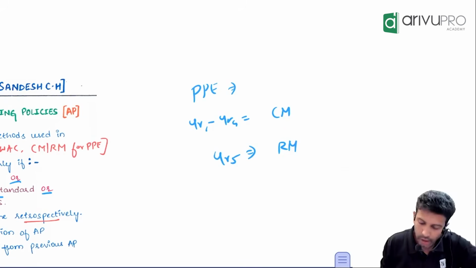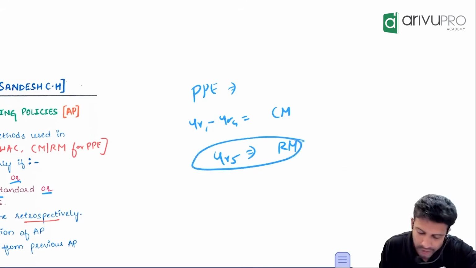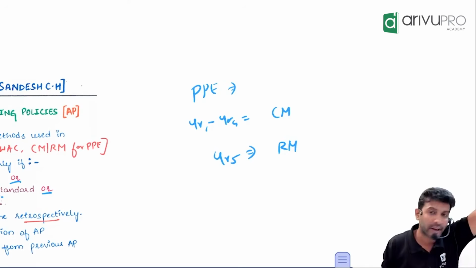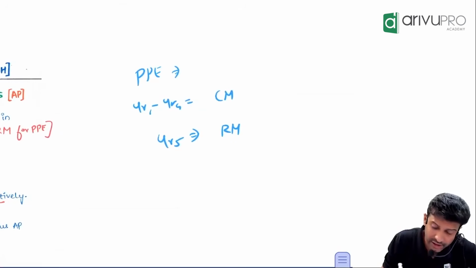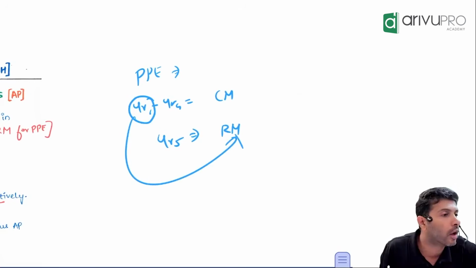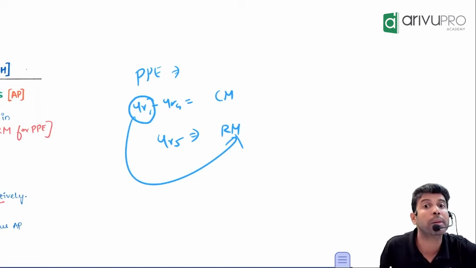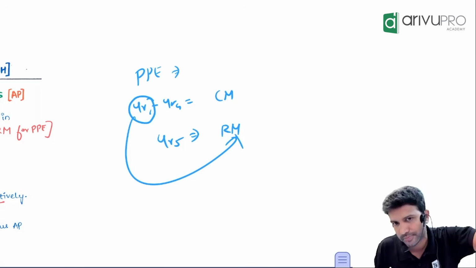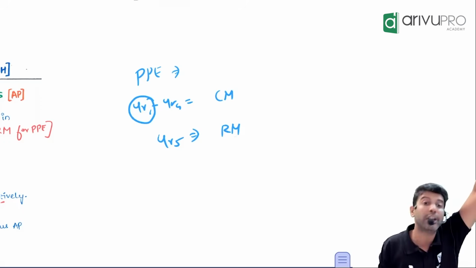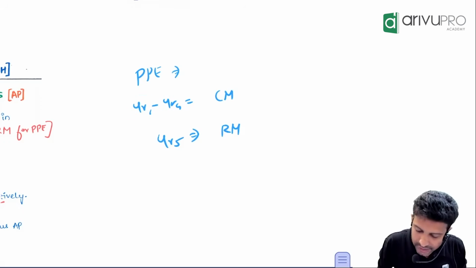Value will change. Now, you can't calculate only for year 5. Retrospective means the standard says from year 1: if you had followed the revaluation model, what would be the value of the asset? Find that out. That's what we mean by retrospective impact. From the beginning, you need to work out and give its effect in which year?